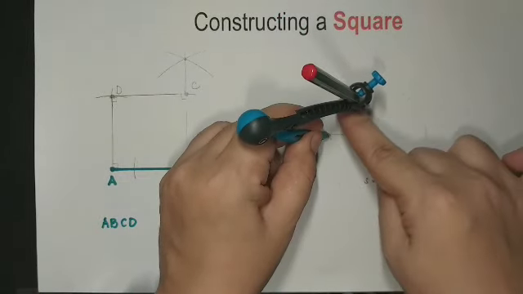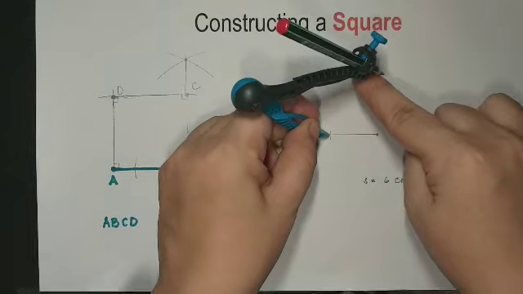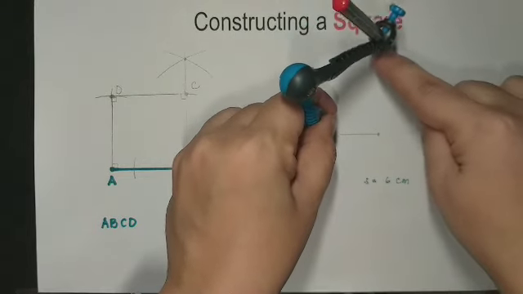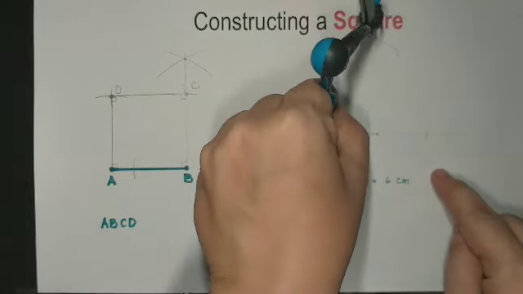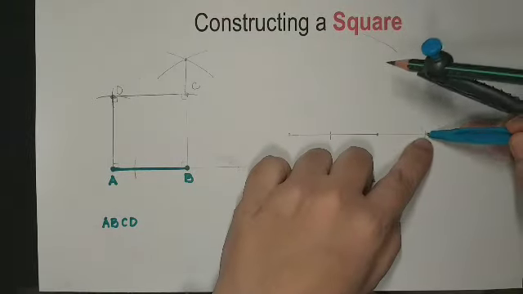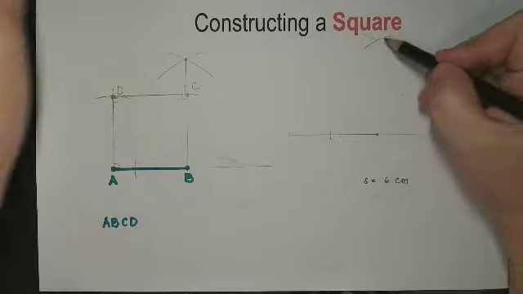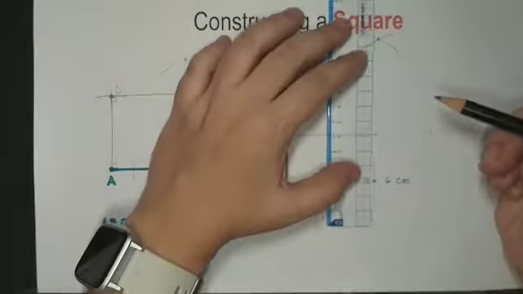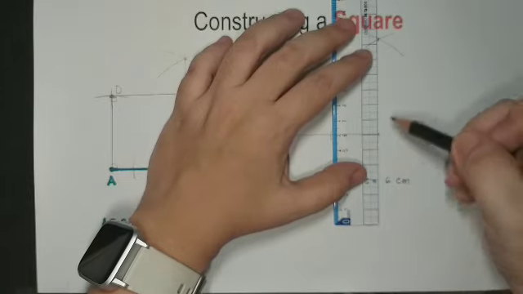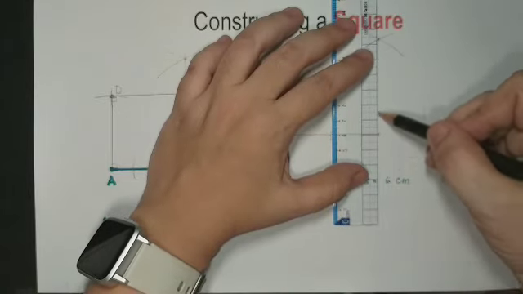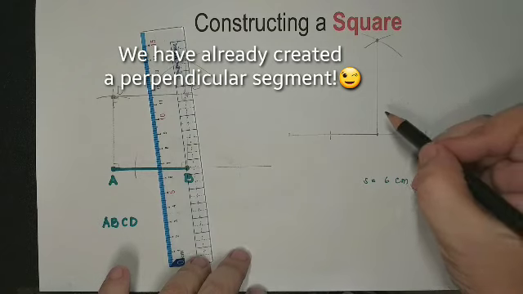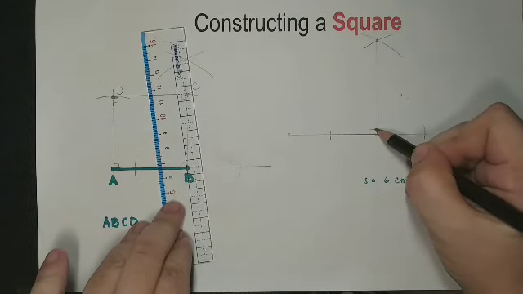Let's make the length of our radius bigger. Let's draw an arc above the line segment, and another one with this point of intersection as the vertex. Create an arc crossing it, and the point of intersection is this. Let's connect it with the vertex here, the point that we determined earlier. So connecting this, we know that we have created a perpendicular bisector, therefore this is a right angle.